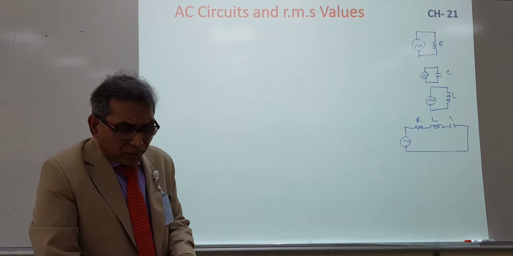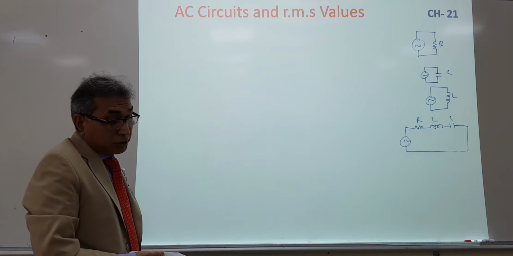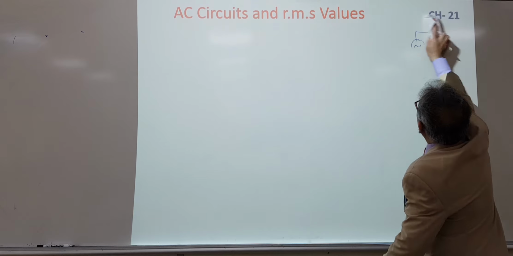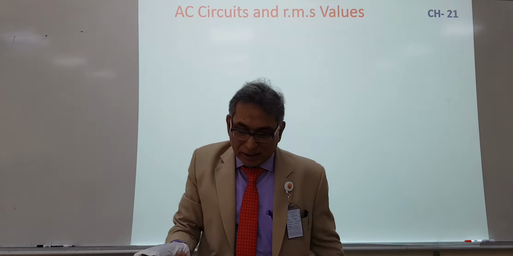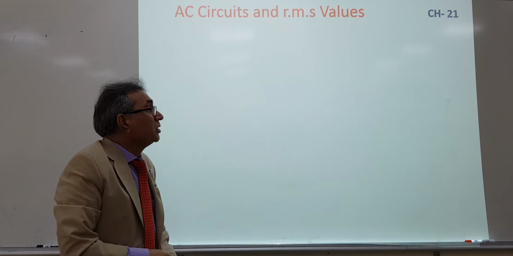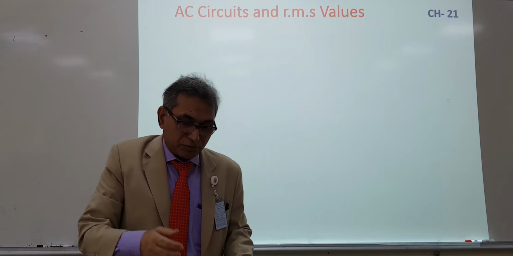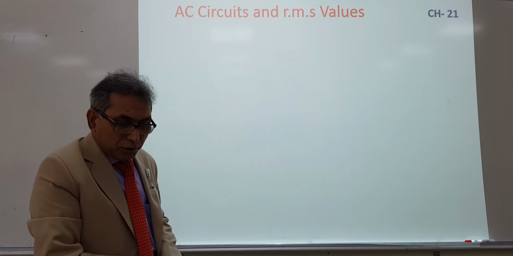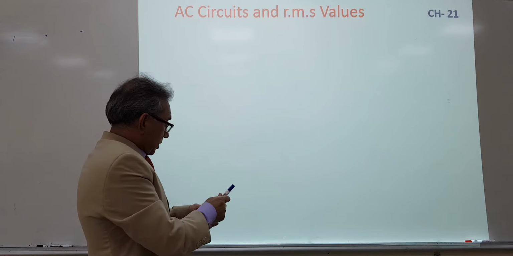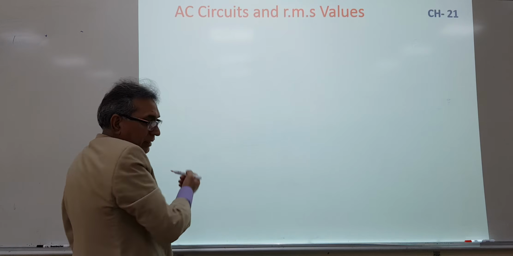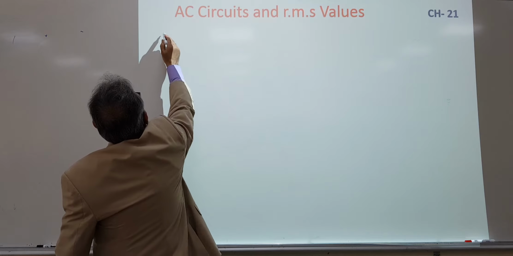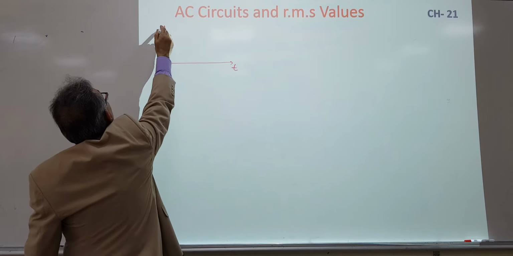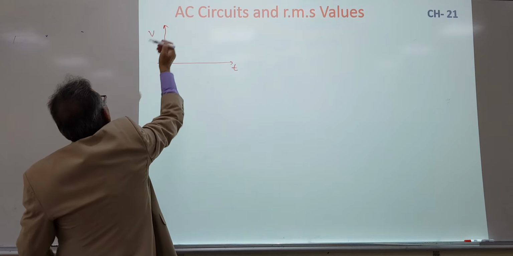Now, whenever you turn on your TV or other electric appliances, you rely on alternating current to operate those appliances, like a TV, for example. And before going to alternating current, the difference between DC and AC. Suppose this is the time and this is the magnitude of the voltage or the current.